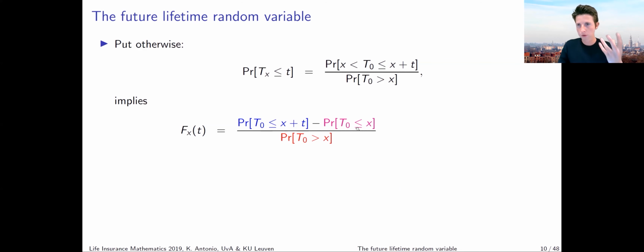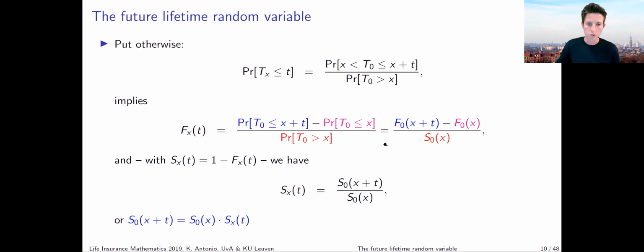And I can further manipulate this expression because in blue, you recognize the CDF F0 evaluated in x plus t. In magenta, you recognize F0 evaluated in x. And here in red, you recognize the survival function S0 evaluated in x, right? So I'm just playing around a little bit with my notation, with my conditional probabilities.